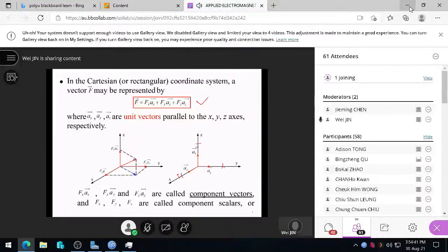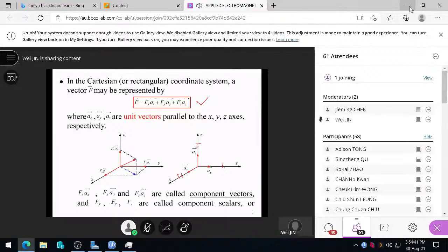Okay, so the coefficients here, fx, fy, fz, will depend on the projection of this vector f on the 3 axes. We call these components, fx, fy, fz. They are scalars.